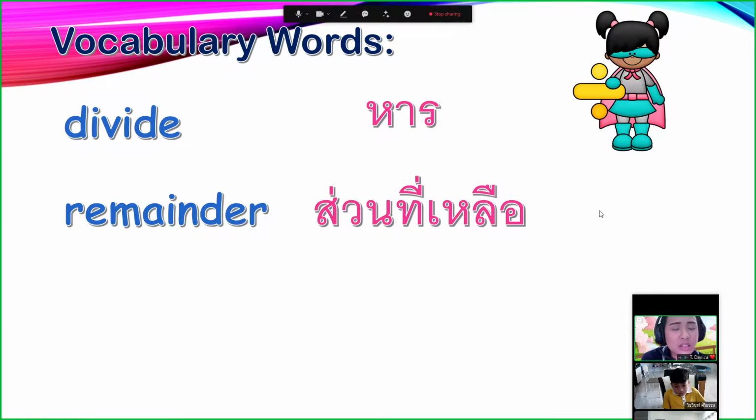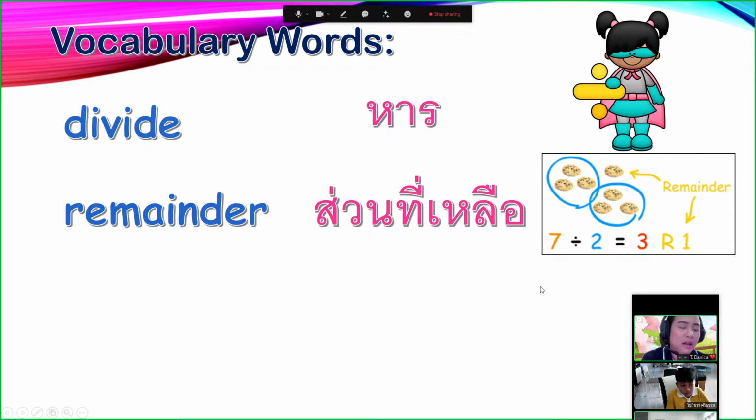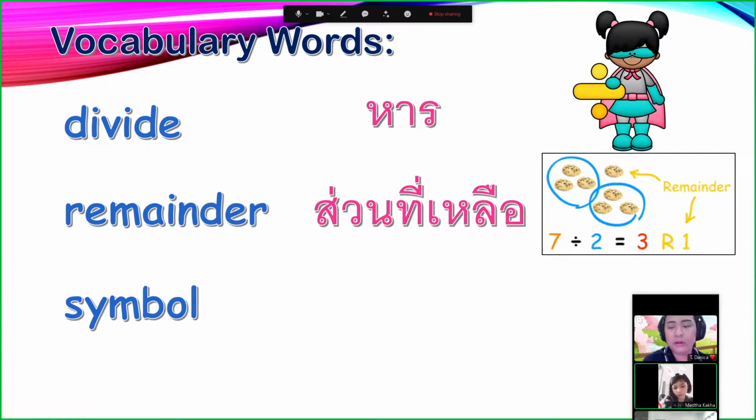You can see remainder in addition, subtraction, and multiplication. Even in division, you have a remainder, right? Like this one, you have a remainder here. Okay, next. How do you read this word? Symbol. Everyone say symbol.